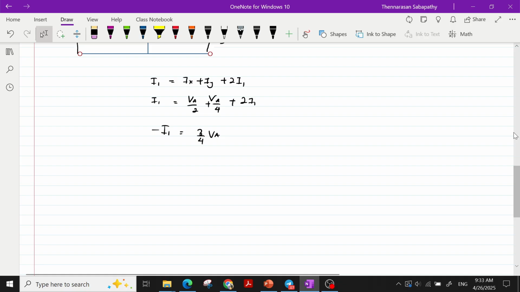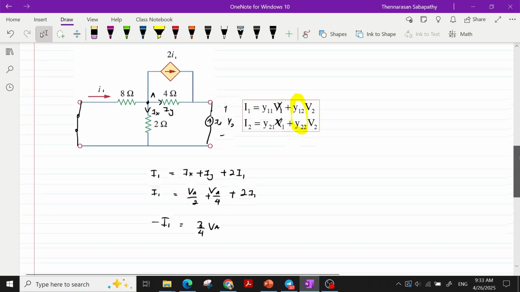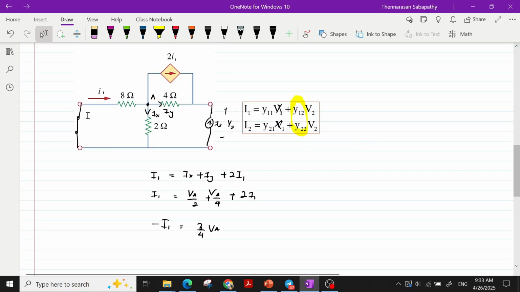And now we check back what is actually I1. It won't be the same because here we don't have a voltage drop. So I1 is, this is actually 0, right? 0 minus VA, 0 minus VA over 8 is actually I1. So I1 is negative VA over 8.